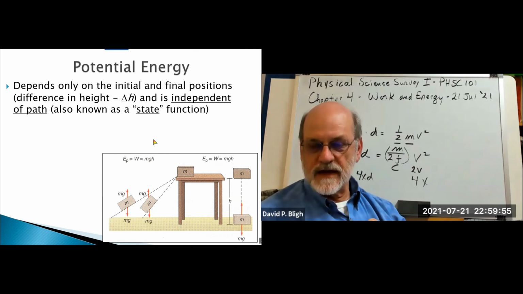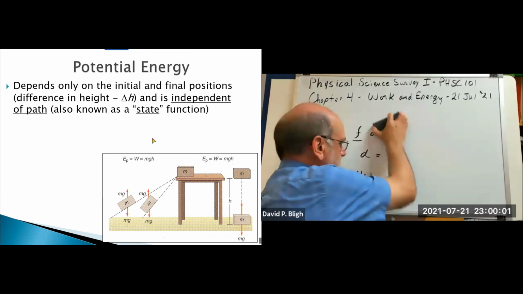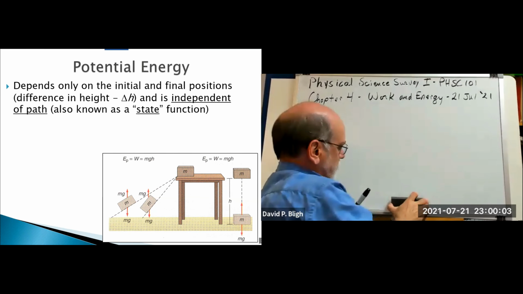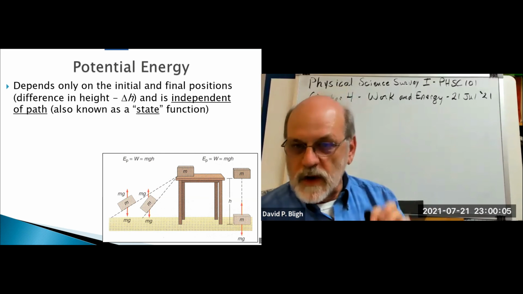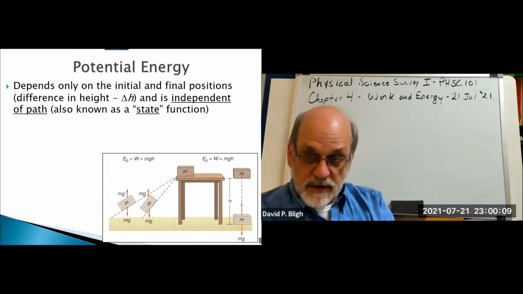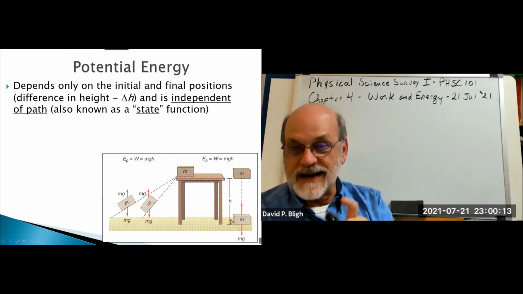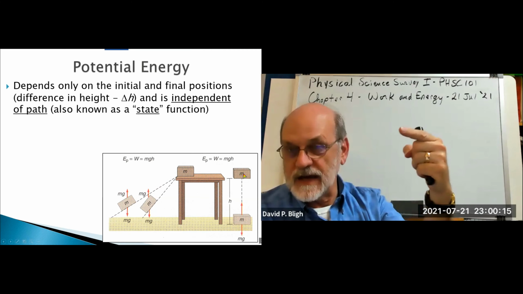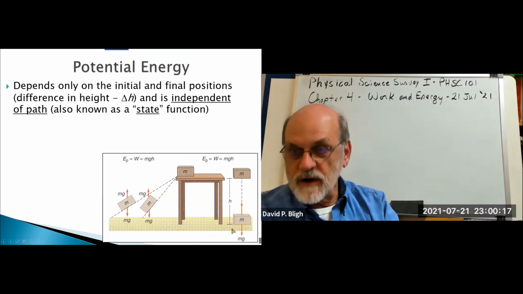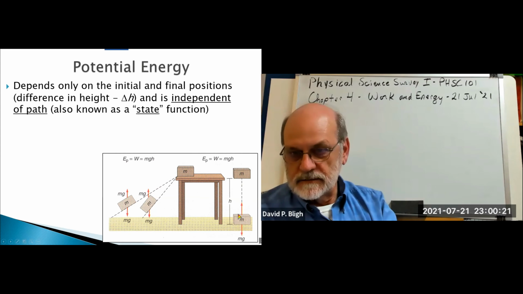That's known as a state function. And a state function simply means that we only care about the state before and after. What was it before? It was down here on the floor. What was it after? It was up here at this height. The state before, the state after. What happened in between doesn't matter.